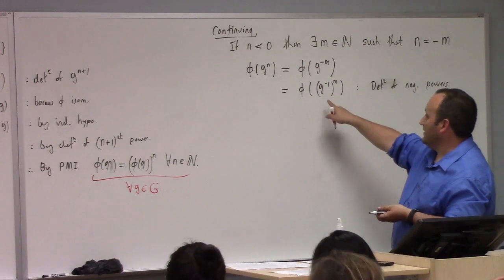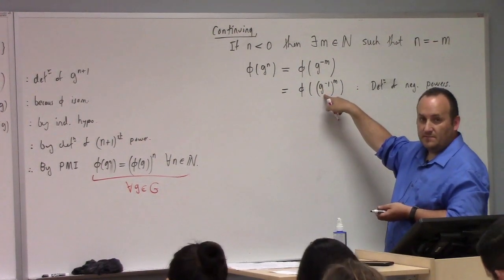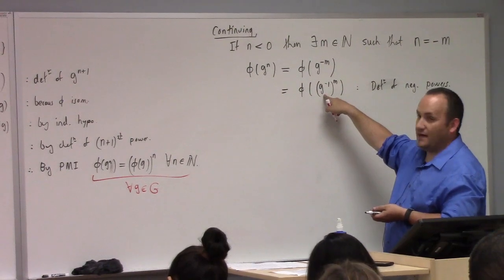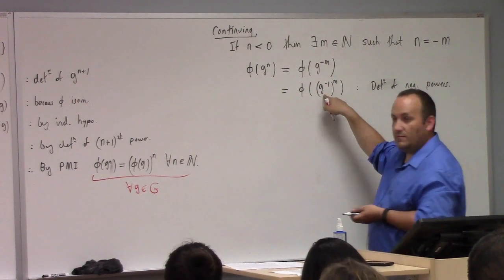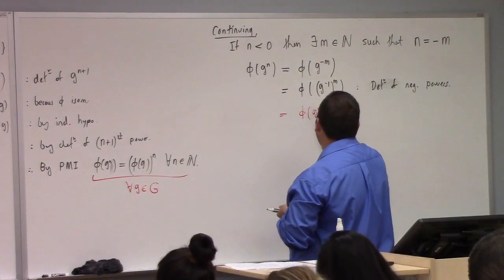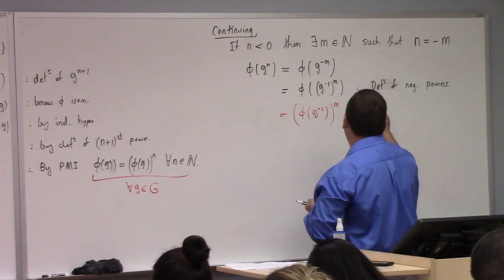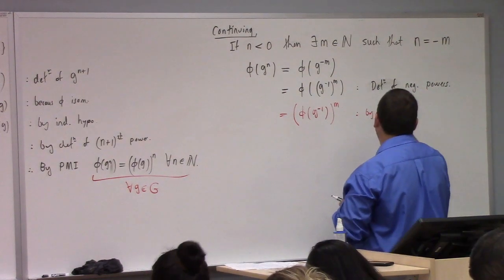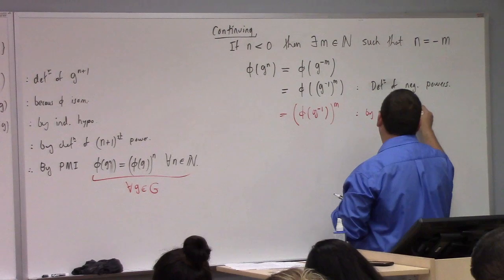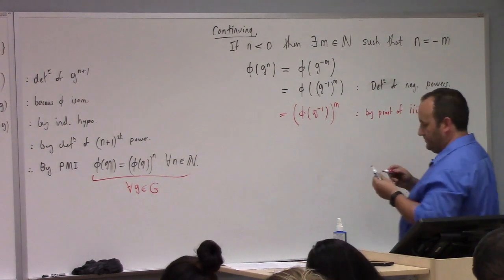So in particular, we can apply what we've already done to the case of g inverse, which means that I'm allowed to pull the m out using what I've already proved. By proof of 3 for the natural number part, yeah?